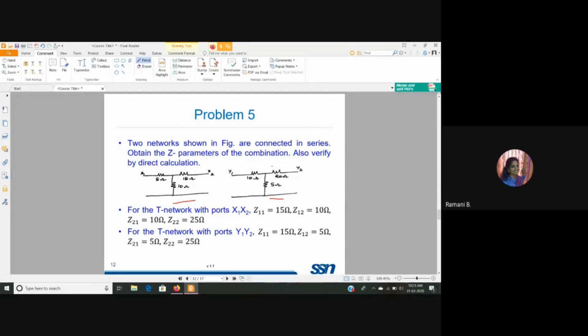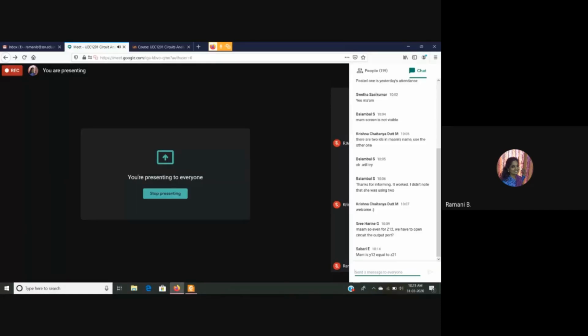We know that when you are interconnecting two networks in series, the Z parameters of the individual networks can be added together to obtain the combined Z parameter values. For T network, yesterday I was mentioning, you will have Z11 to be the resistance value in the input port side. For Sabari's question, Y12 will not be equal to Z21 because it is a Y parameter and this is a Z parameter.